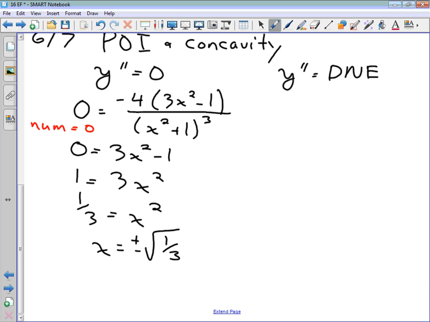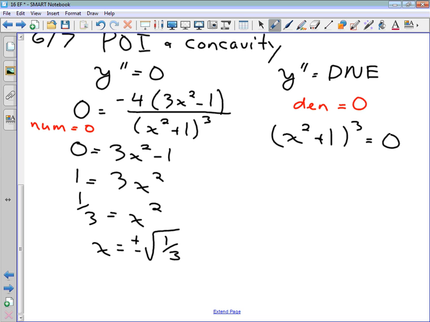Okay, what about where this thing does not exist? We imagine setting the denominator of our second derivative equal to 0. Any solutions? X squared plus 1 all cubed equals 0. What do we think?